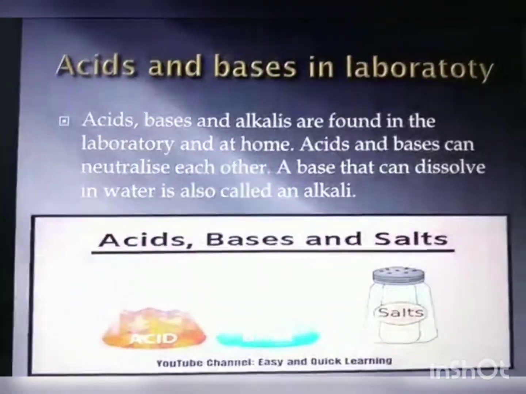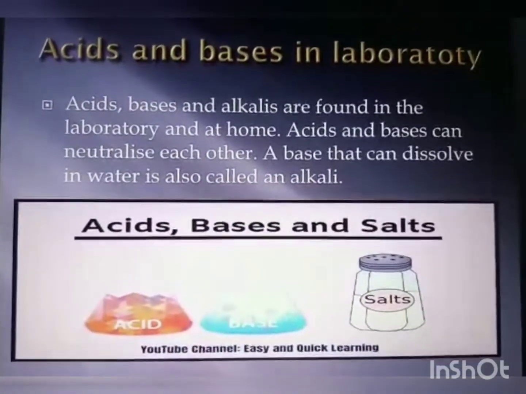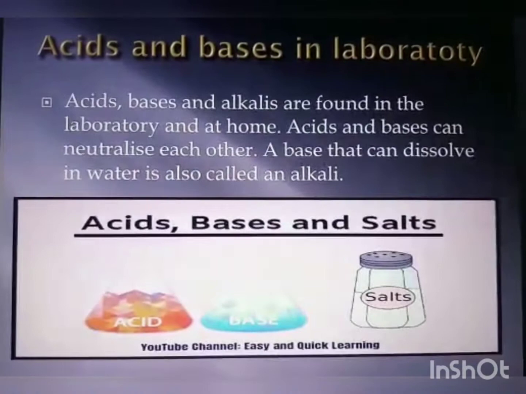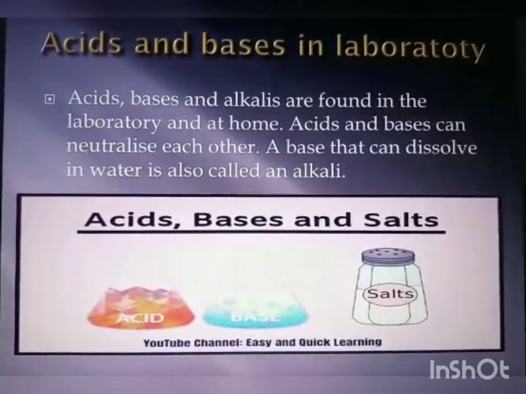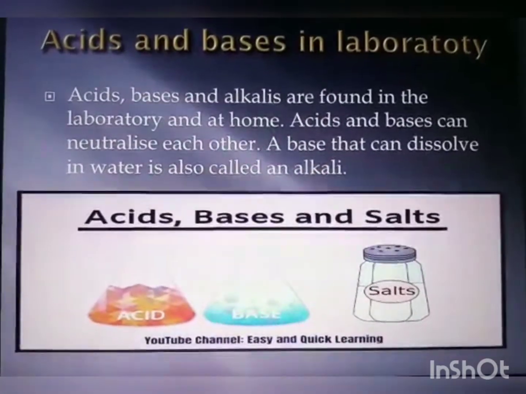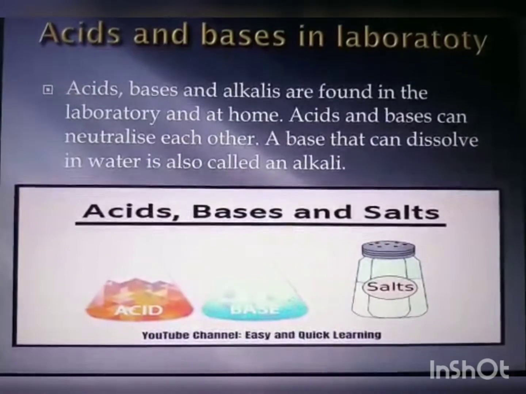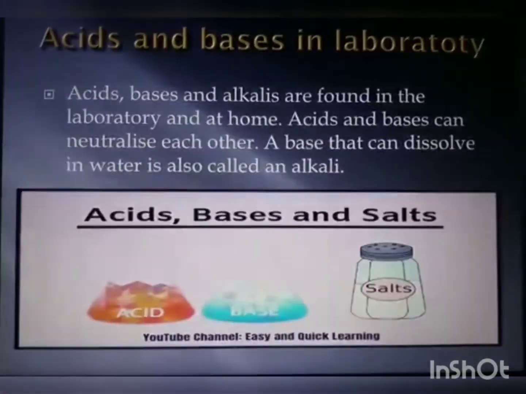We can discuss few properties. Acids are sour in taste, turn wet blue litmus paper into red and liberate dihydrogen gas by reaction with metal. While bases are bitter in taste, turn wet red litmus paper into blue.